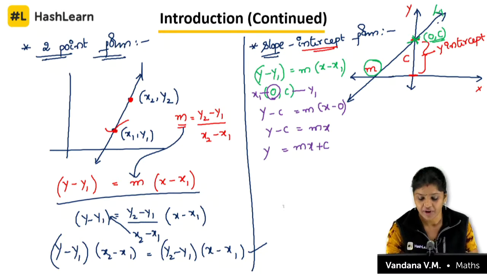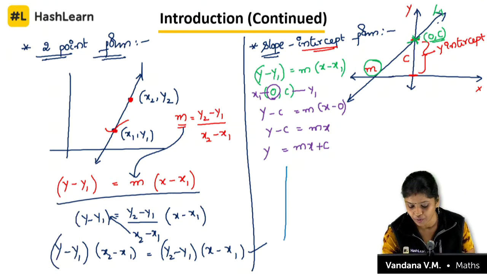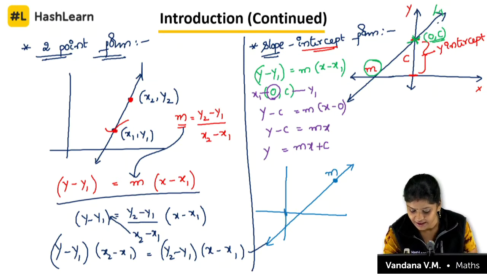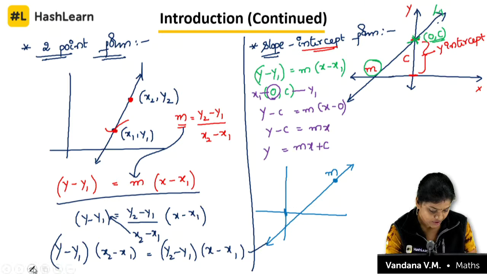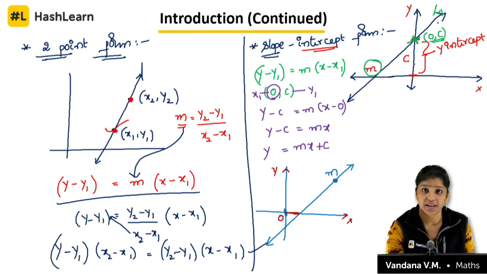Here we have one more format, that is x-intercept. If I give only x-intercept, how to do? Suppose if the equation is like this, I know the slope. The slope is m and this intercept from where to where? From the origin to the x-axis. This is origin and this is already c I took.